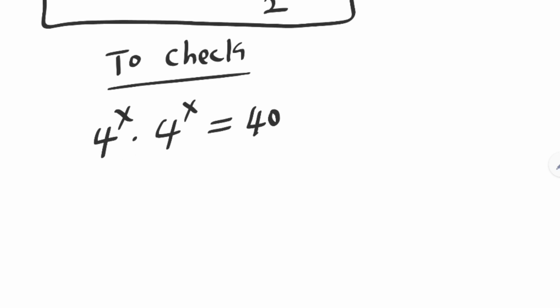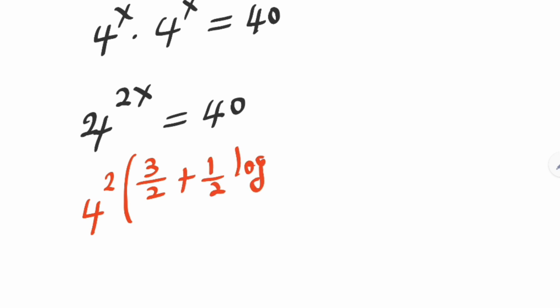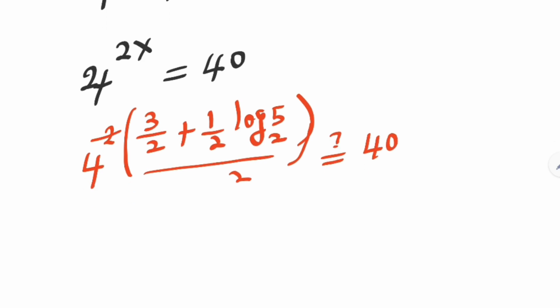This can be written as 4 raised to power 2x is equal to 40. 4 raised to power 2 bracket 3 over 2 plus 1 over 2 log 5 base 2, everything divided by 2, must be equal to 40. These two cancel these two.